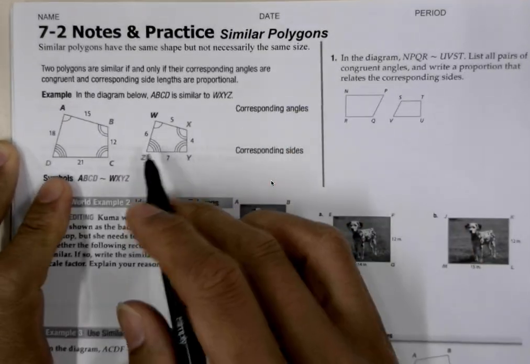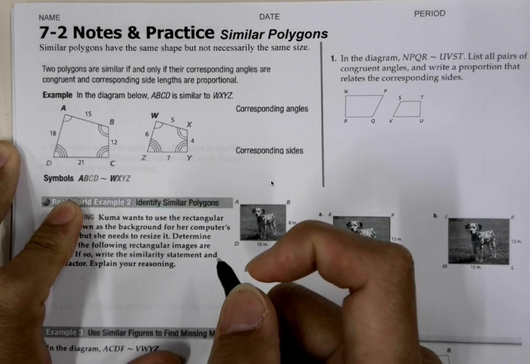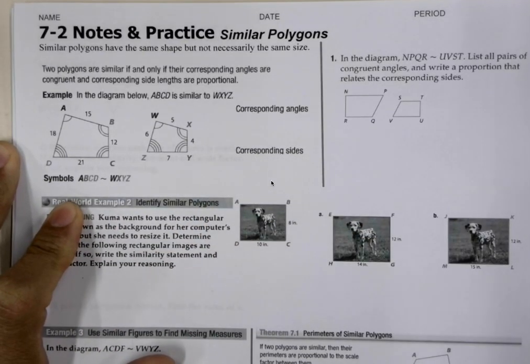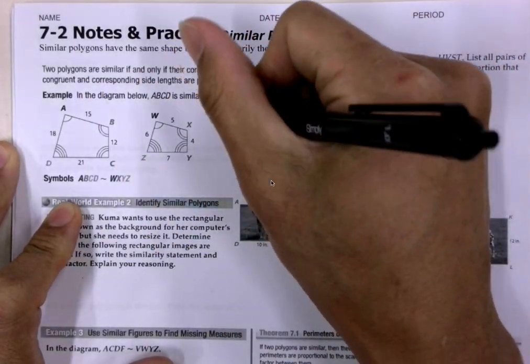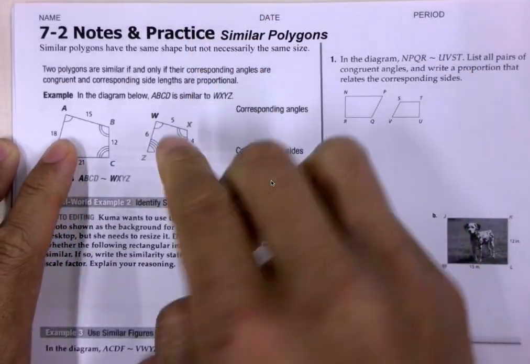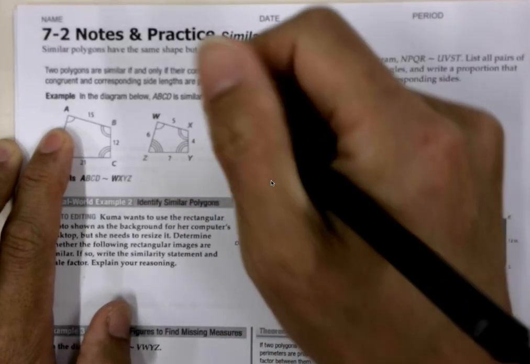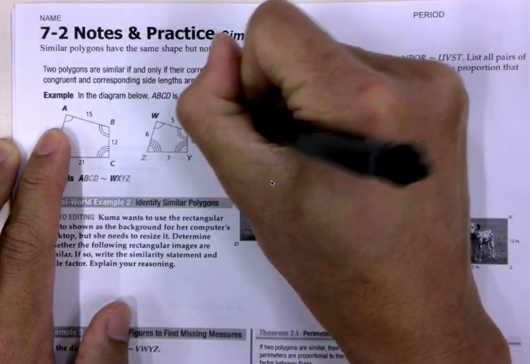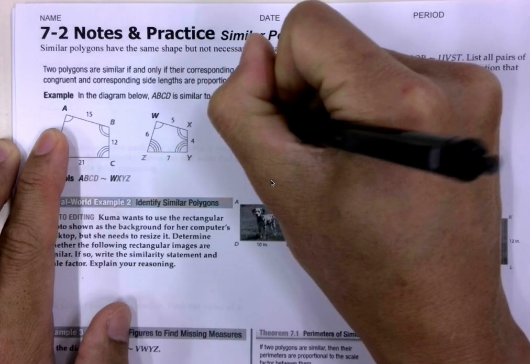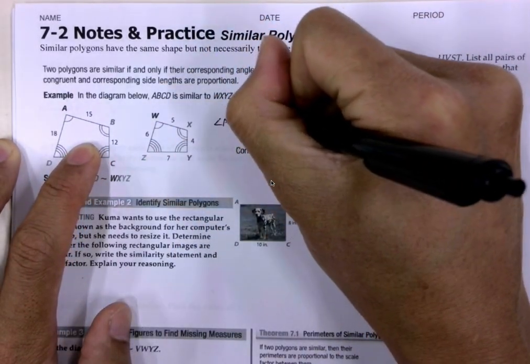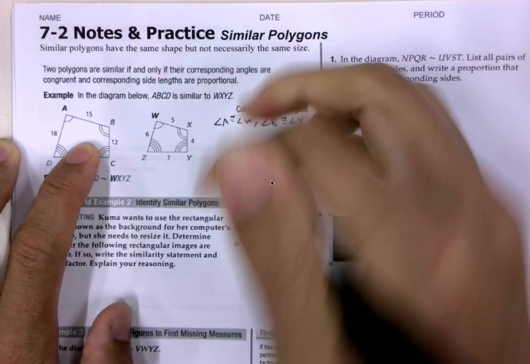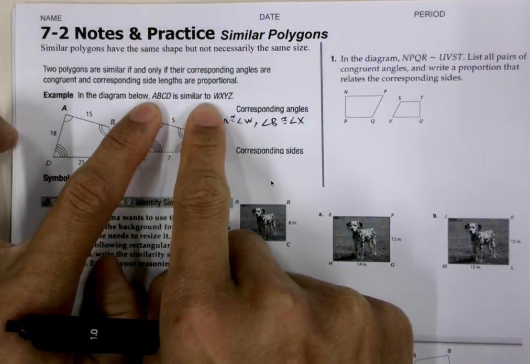Right? So if we're given two polygons are similar, then we can create the proportion. Well, we can say the corresponding angles are congruent. So we could say that A is congruent with W, so angle A congruent to angle W. We can also say angle B congruent to angle X. And if we don't have the diagram, it goes in order, right?